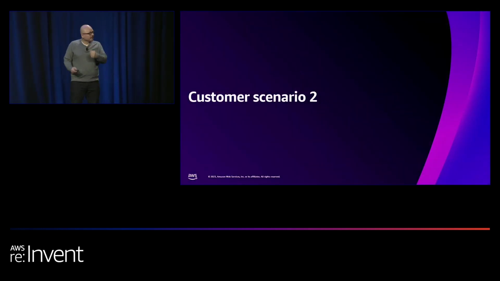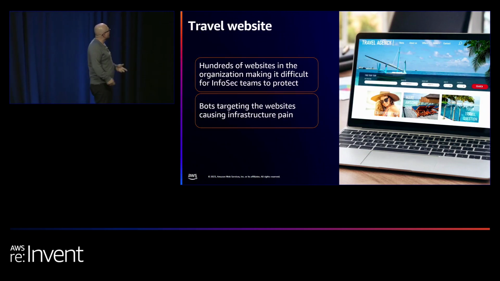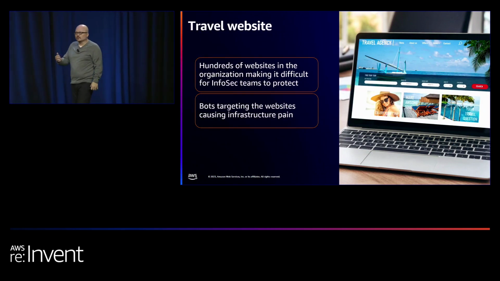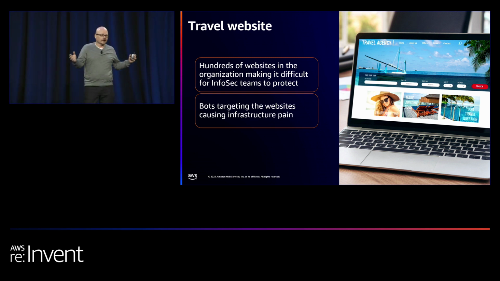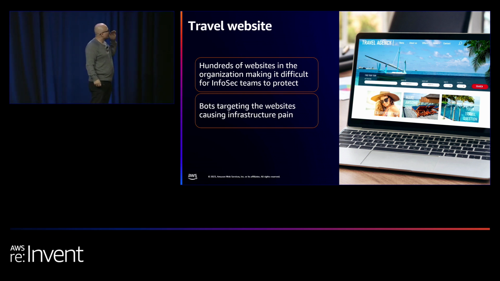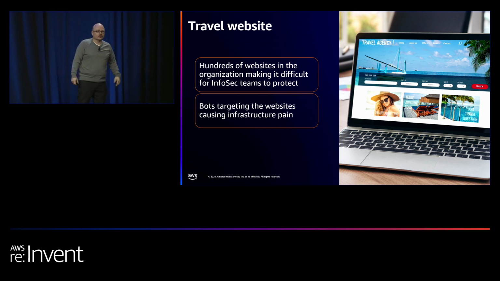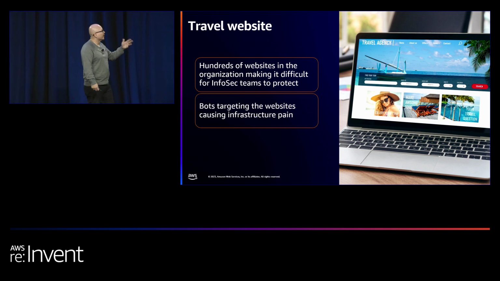Another great scenario is around this travel website. So they had a couple challenges. One of them was they operated a lot of websites. So they had a broad footprint, and they were having agents that were targeting their website. So it wasn't just somebody who was trying to cause mayhem and make a website overload.